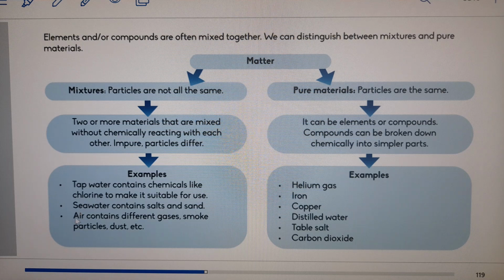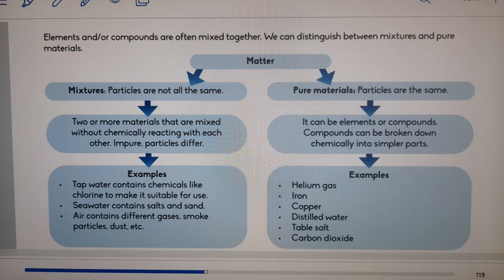Air contains different gases, smoke particles, dust, etc. It is a mixture. So please know examples of mixtures: tap water, seawater, and air. So matter can be broken down into pure materials and mixtures. Pure materials are both compounds and elements, and the mixtures are there with their examples.